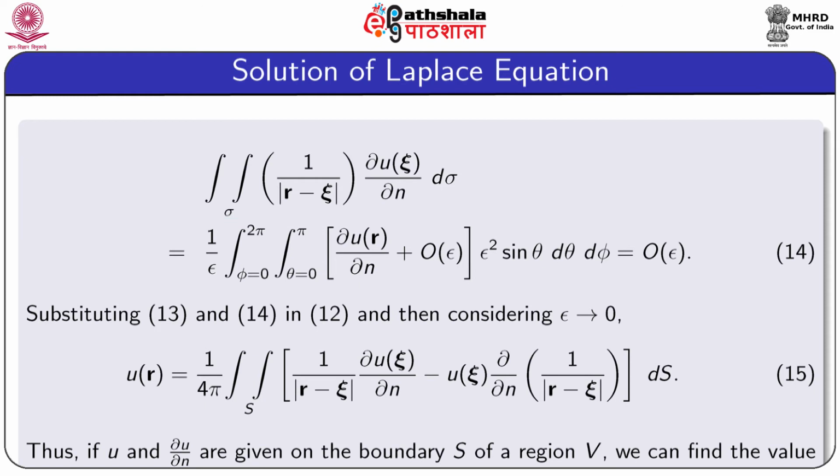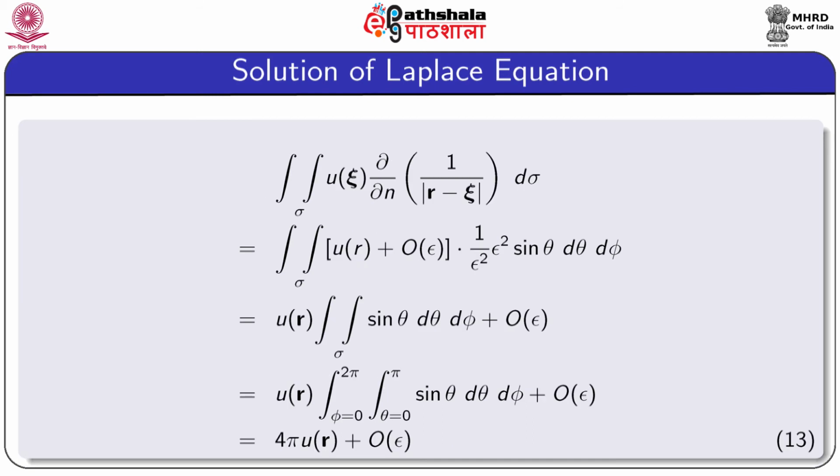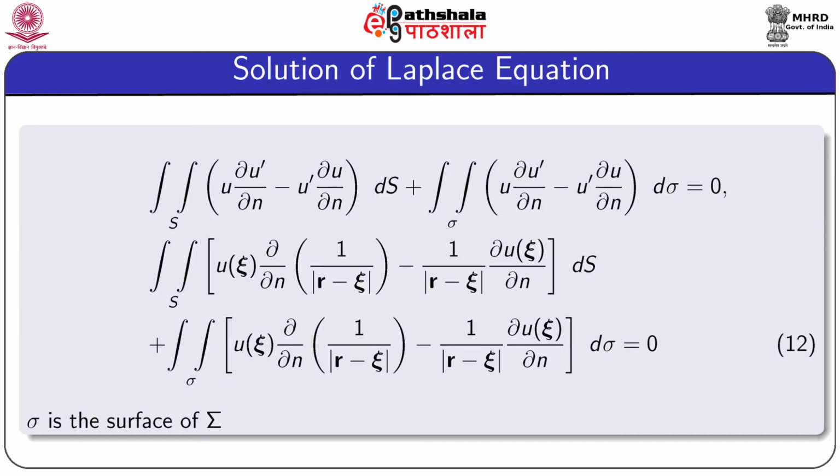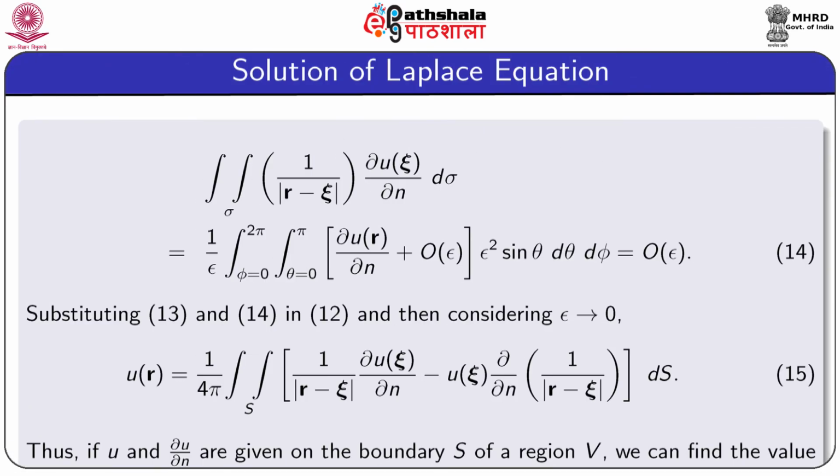Now, if we substitute 13 and 14 into equation 12, that means we are substituting the value of the surface integral over sigma, we obtain a relation which is written here: u(r) equals 1/4π times the surface integral over S of 1/|r − ξ| ∂u/∂n minus u ∂/∂n of 1/|r − ξ| dS.